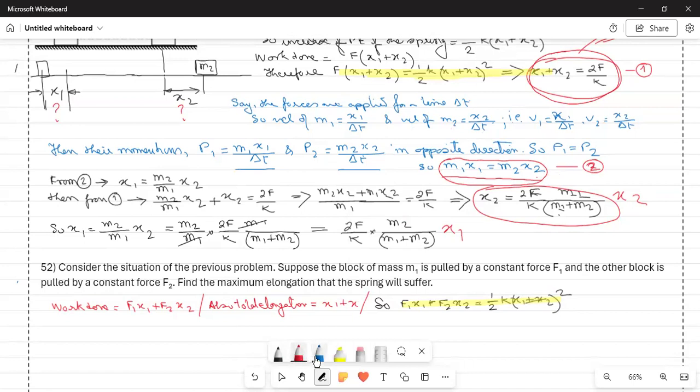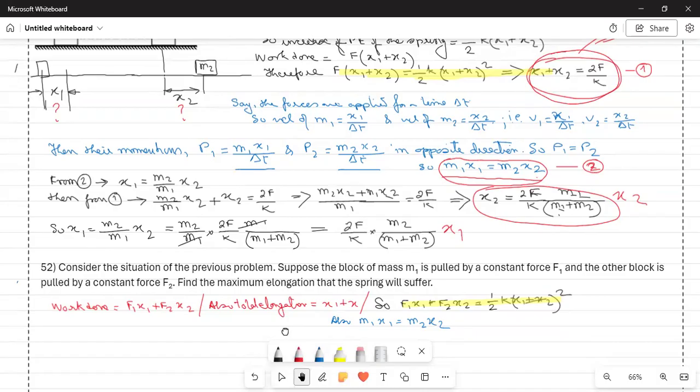So we write also m1 x1 equal to m2 x2. This remains good, as it was.